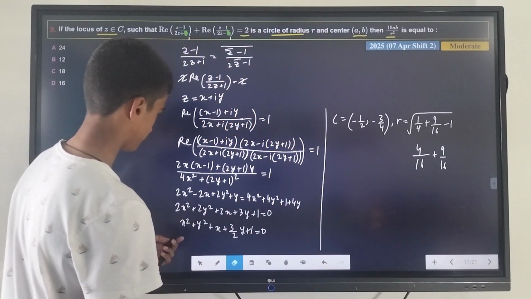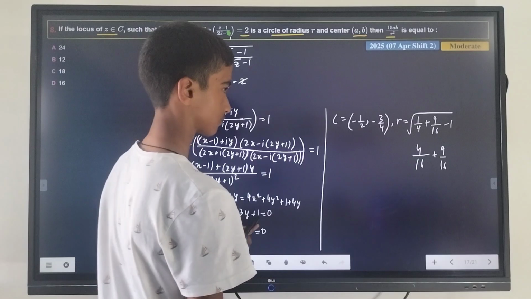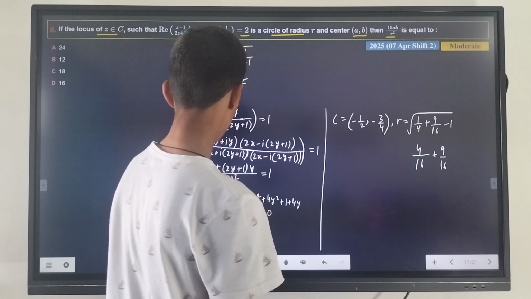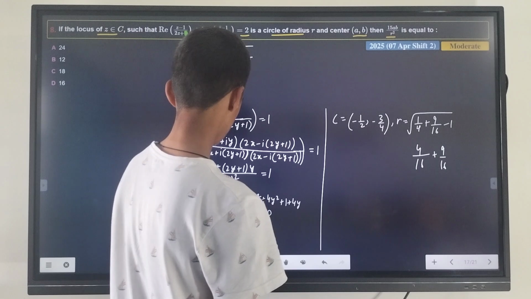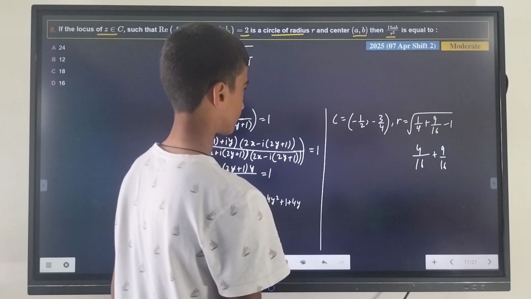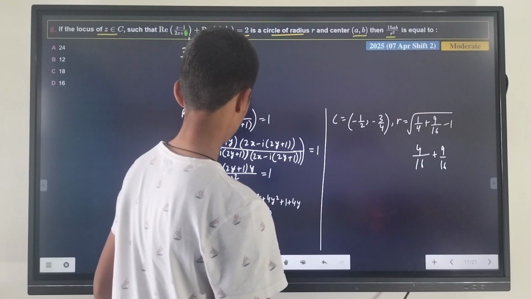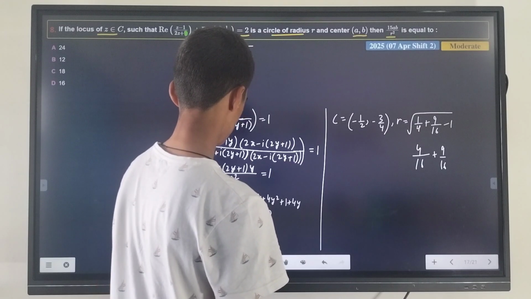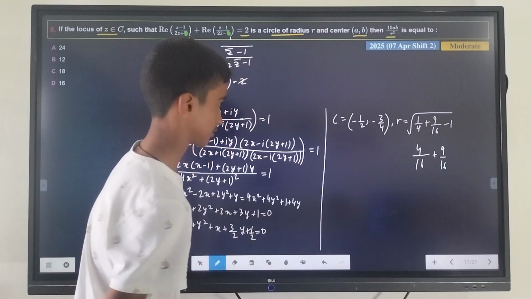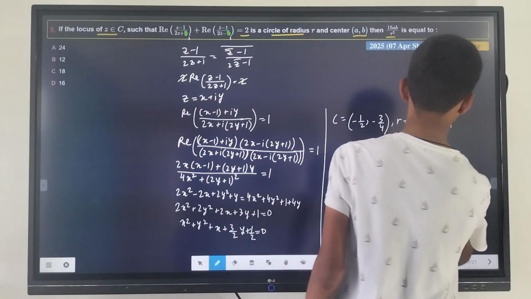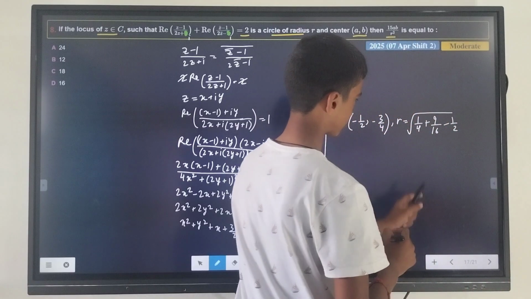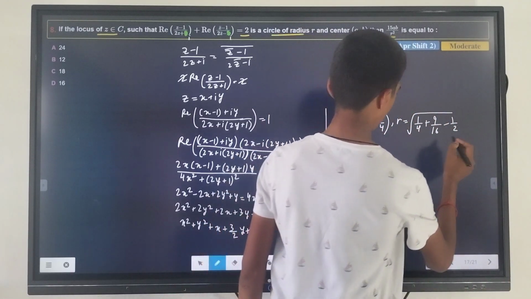Please wait a minute, here we have some mistake. 2x square plus 2y square plus 2x plus 3y plus 1, 3 by 2. And this will be 1 by 2. Sorry. Here we will have minus 1 by 2. Sorry for the mistake. Now let's come back.